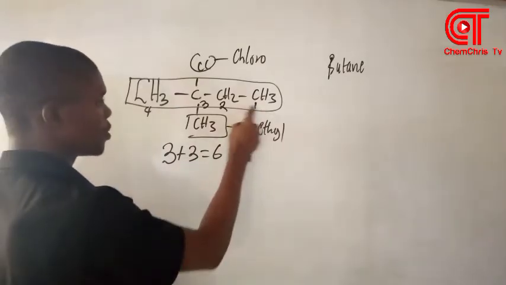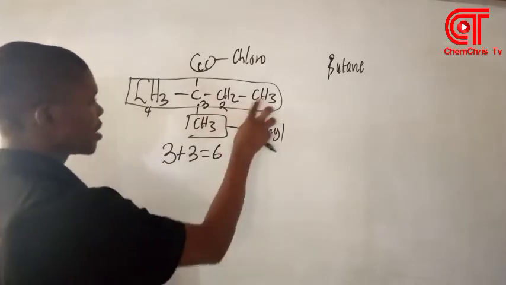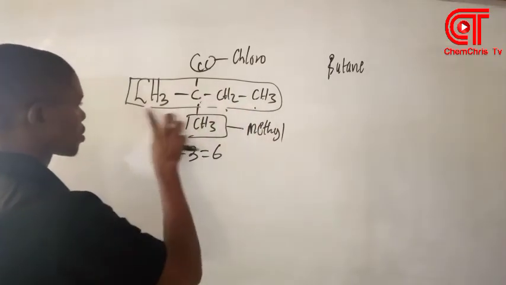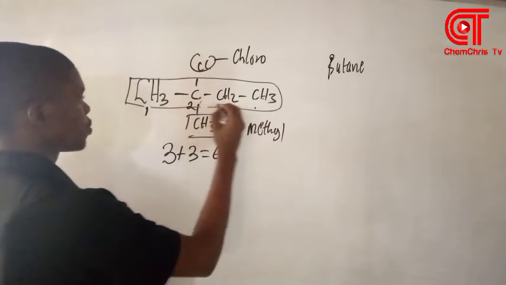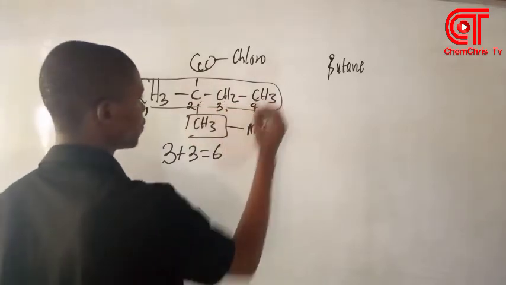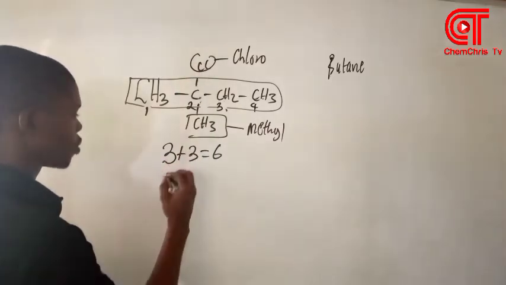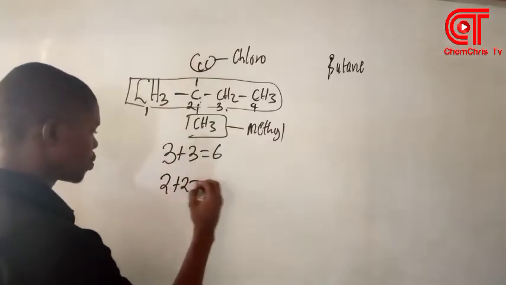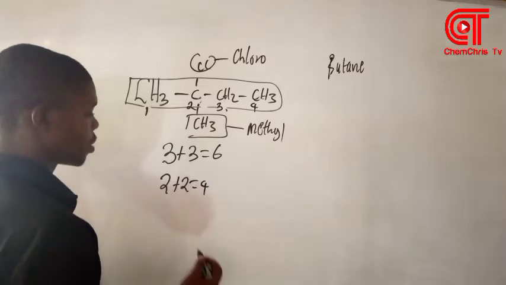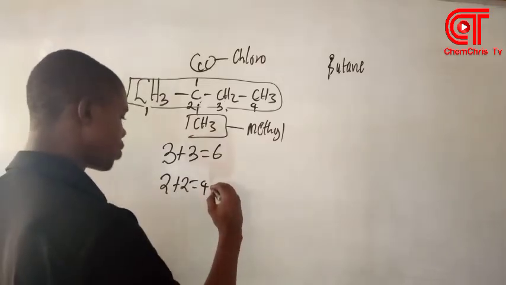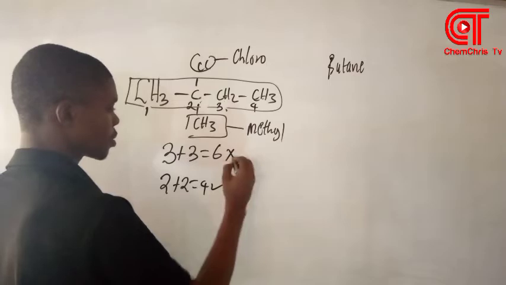Then what about if we start our numbering from the other direction? Here we have 1, 2, 3, 4. Carbon number 2 carries the substituents, so it is going to be 2 plus 2, which is 4. Of course, you will take the lowest possible number, which is this one. You get?